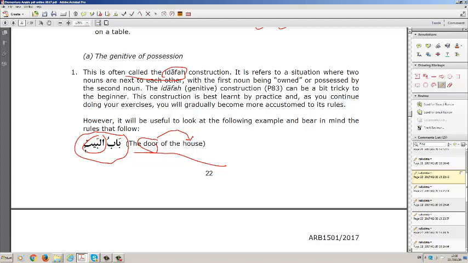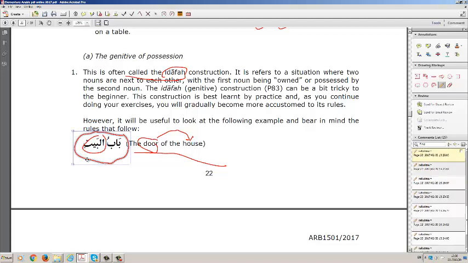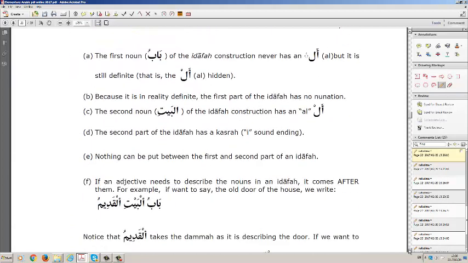Now because the door belongs to the house, the house takes a genitive, takes a kasra sound. But there are various other rules to remember. The first one is that if you look at that expression on top, babu, you'll see there's no al here.